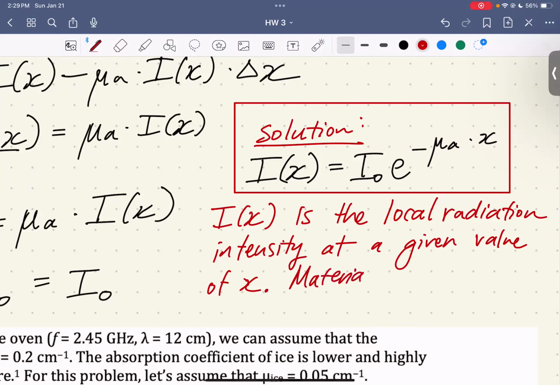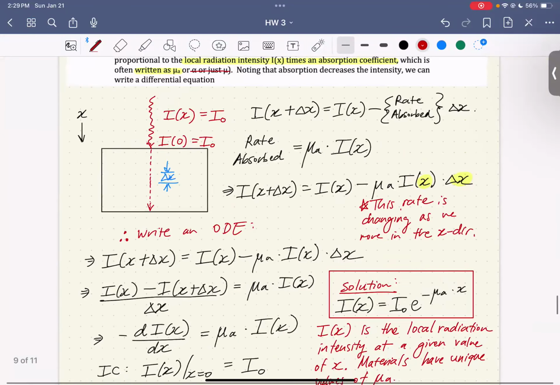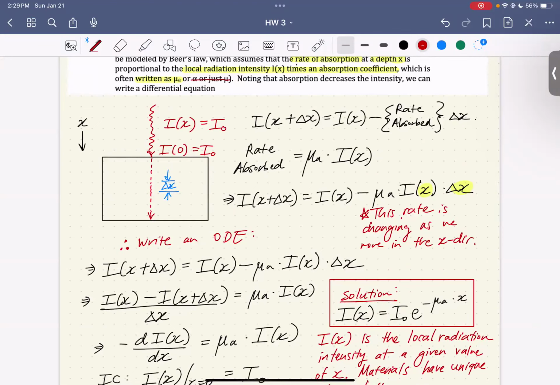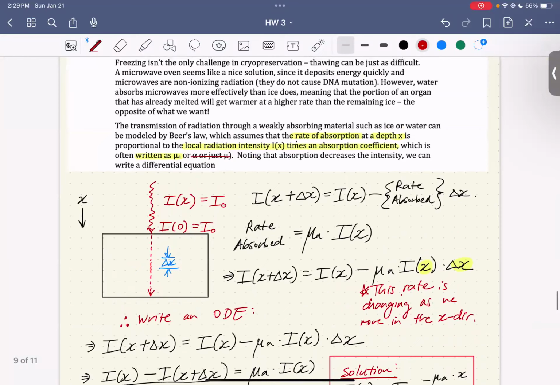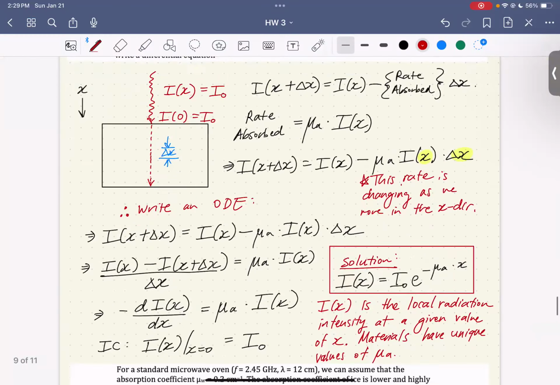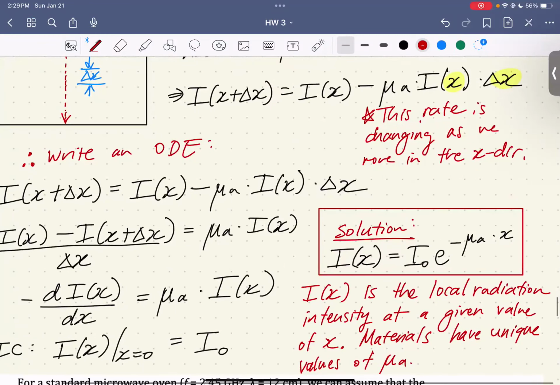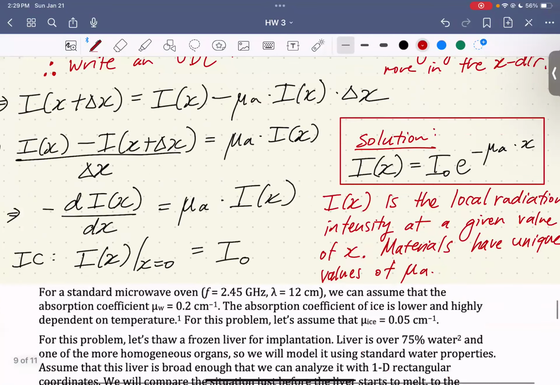Materials have unique values of mu A. They have unique values of the actual absorption coefficient. That's what differentiates our materials and how well this energy is absorbed, as it talked about in that first paragraph. So this gives our actual radiation intensity at a given position. It's not talking about how much is absorbed or how much is changed. It's just talking about that value of intensity when we're looking right at that position. Okay, so with that being said, let's keep going.